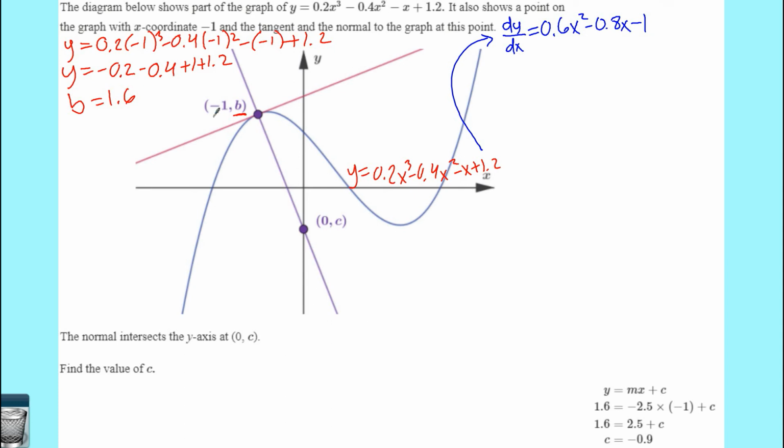And we want to find it at the point where x is -1. So we plug in -1. We get 0.6 plus 0.8 minus 1. So we get 0.4. So remember that represented the slope of our tangent line.